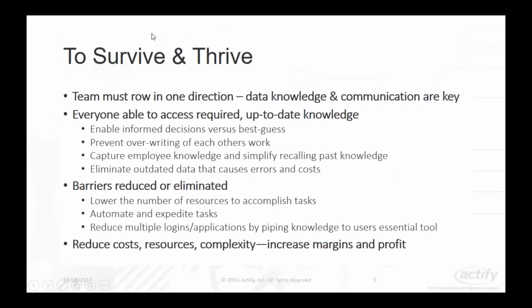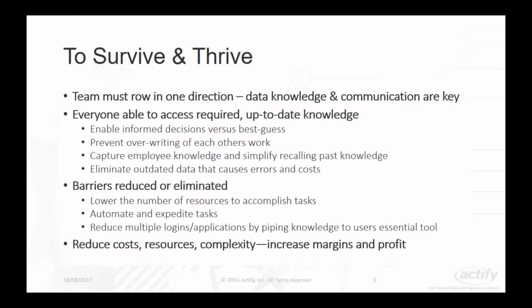So, those are some of the obstacles that people are running into, but to survive and thrive, we realize a team must row in the same direction. We talk about initiatives. Every time we go into customers, we start finding out the business initiatives they have, and they're usually centered around collaboration, increasing efficiencies, reducing costs, those types of concerns.